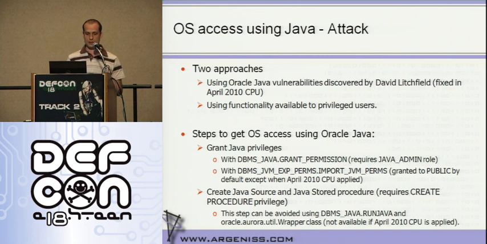Or, instead of creating this Java stored procedure, we can call an existing Java class that Oracle had, the Oracle Aurora util wrapper class, that contained a function to execute operating system commands. This one is not available if we have April 2010 CPU applied.